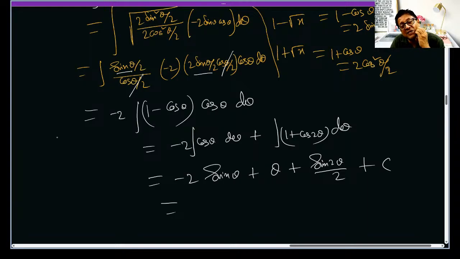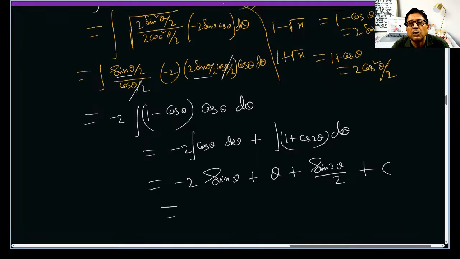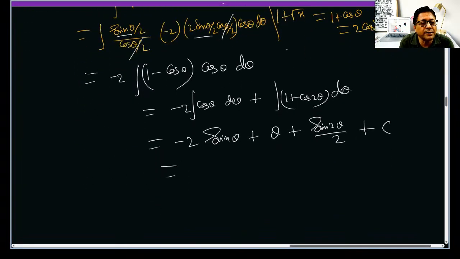But this is not the answer. Never make the mistake of leaving this in terms of theta. Okay? So you have to convert it in terms of x here. x is cos square theta, so cos theta is root x.